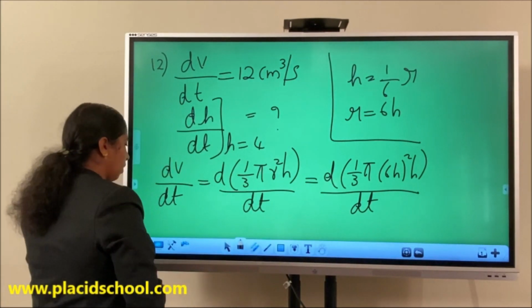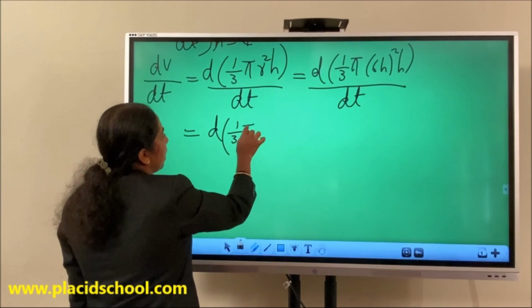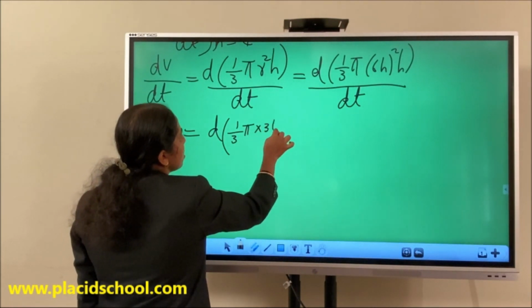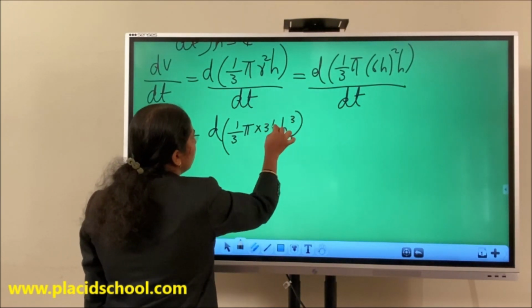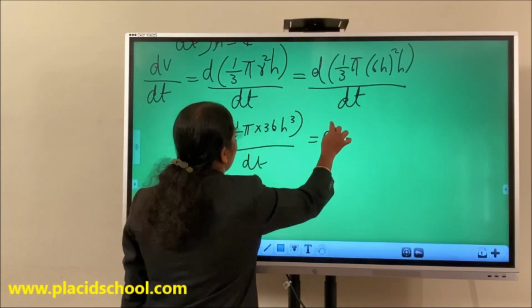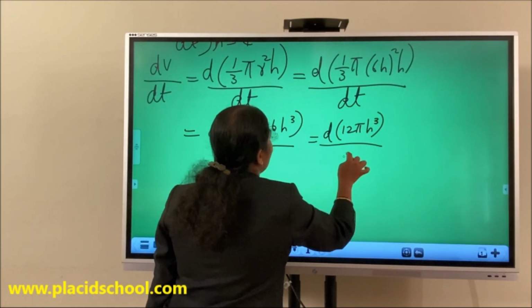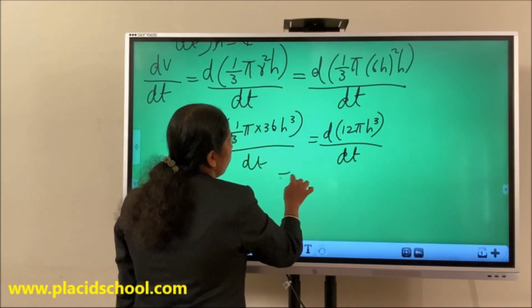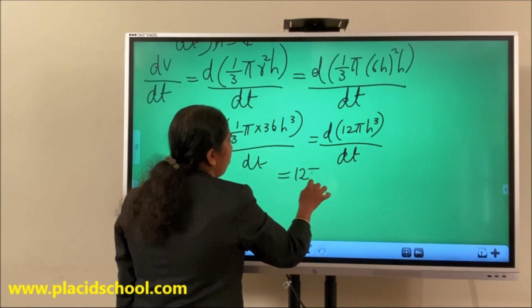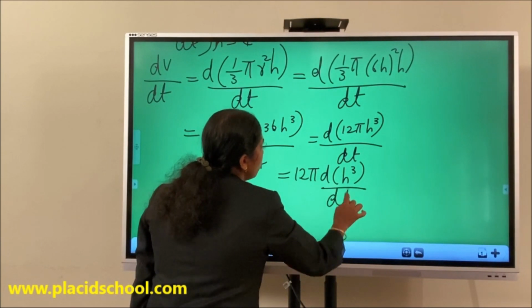This is equal to the derivative of 1/3 π into 36h³ with respect to time, which is the derivative of 12π h³ with respect to time, which is 12π into the derivative of h³ with respect to time.